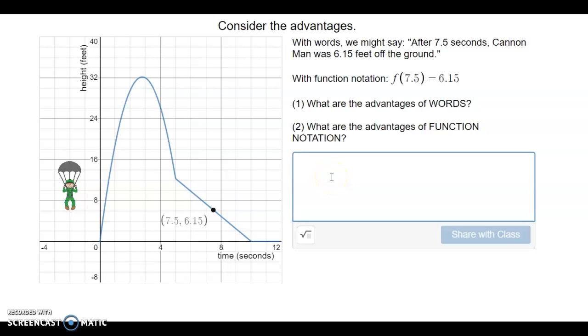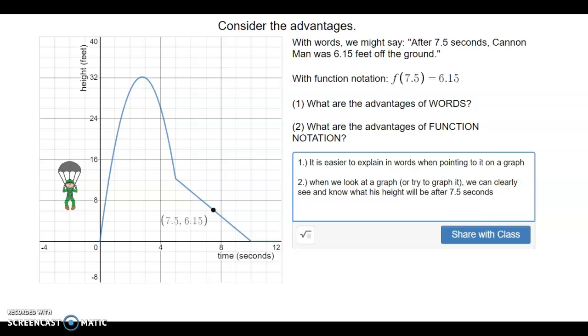So I want you to write, 1, what is the advantage of writing it out in words? And 2, what is the advantage of just having it as function notation right here? So what is the difference? What would be just the advantages? So go ahead and start typing.